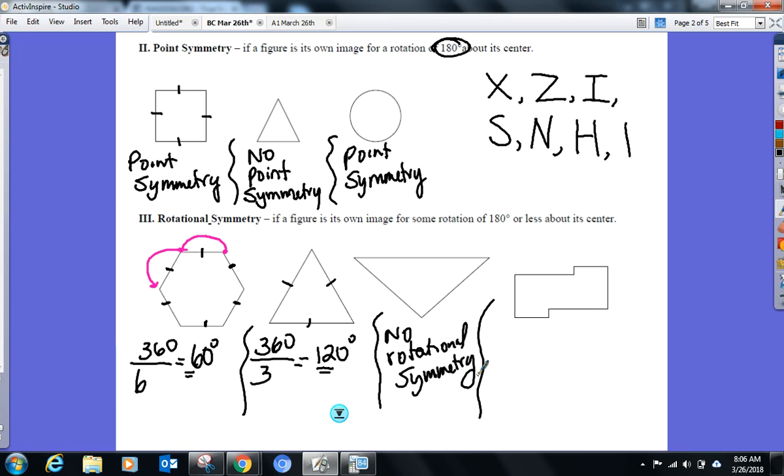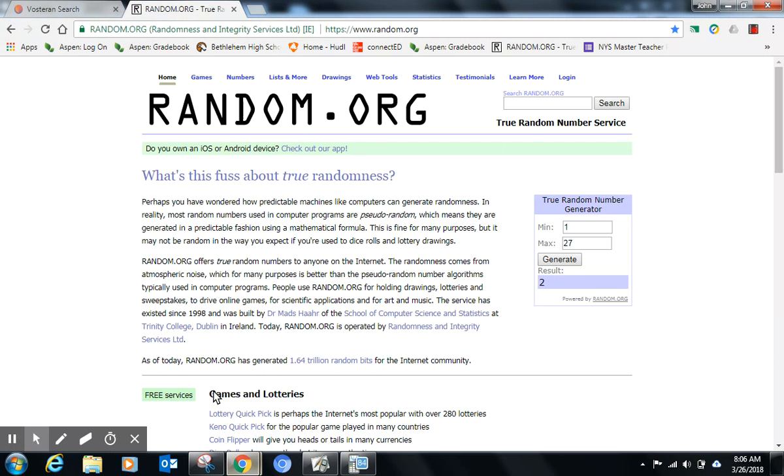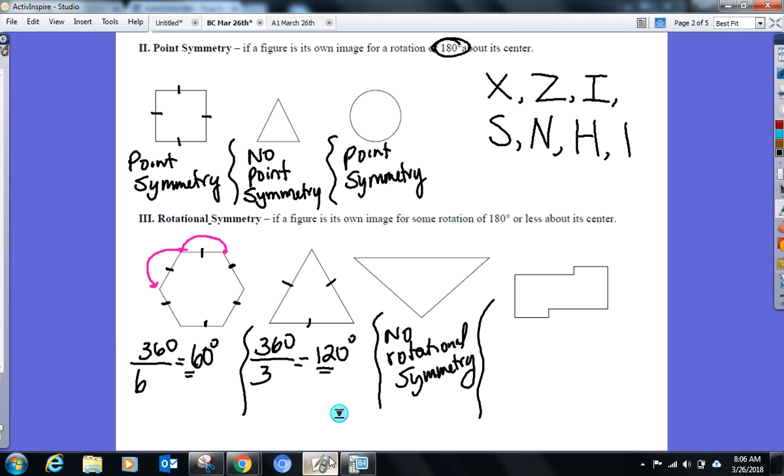And what about this figure? Can you guys rotate it 180 or less and get that figure back? Anybody? What do we think?